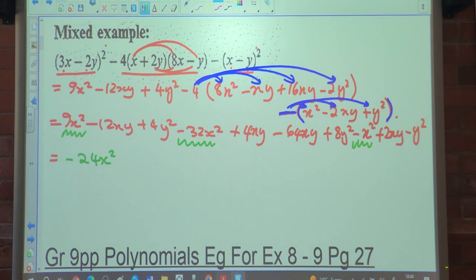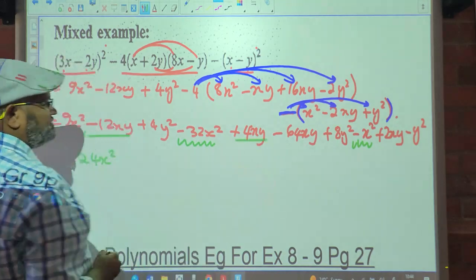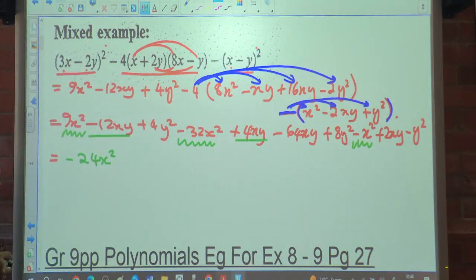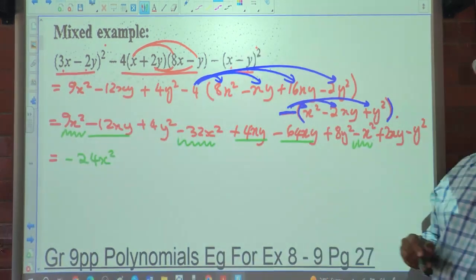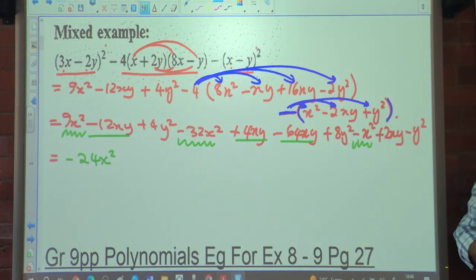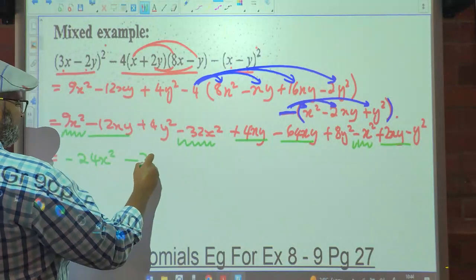You all agree with that? So what is negative 12xy plus 4xy? Negative 8xy. Negative 8xy minus 64xy is negative 72xy plus 2xy, negative 70xy.